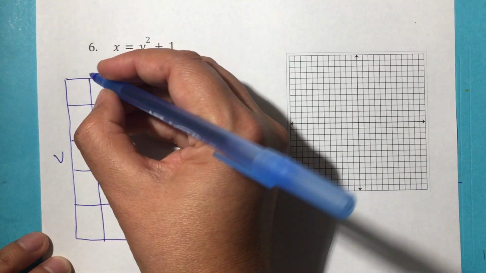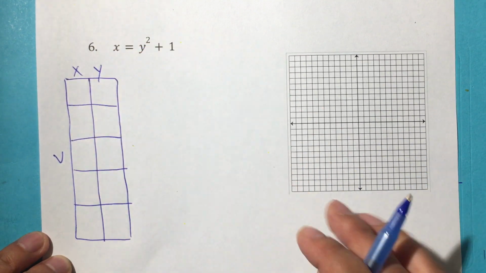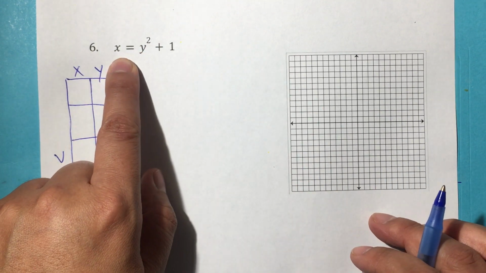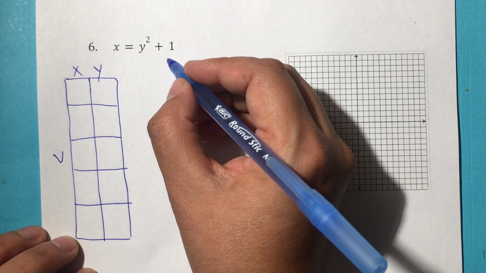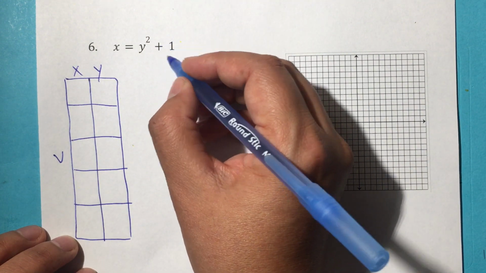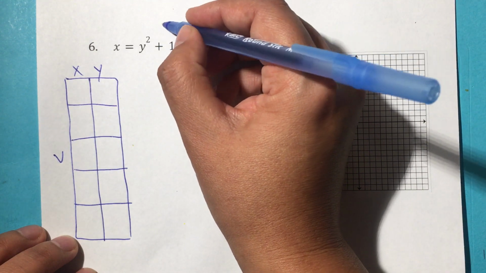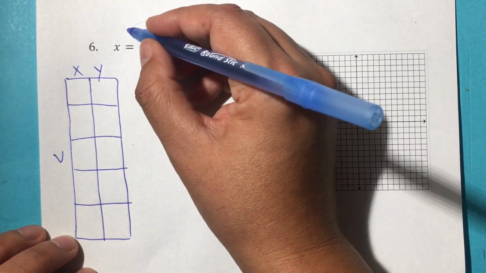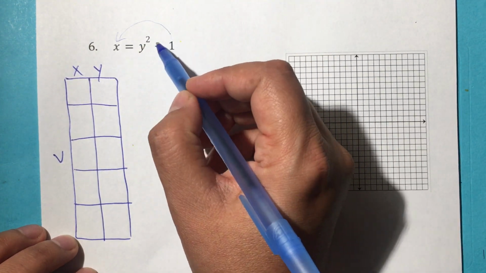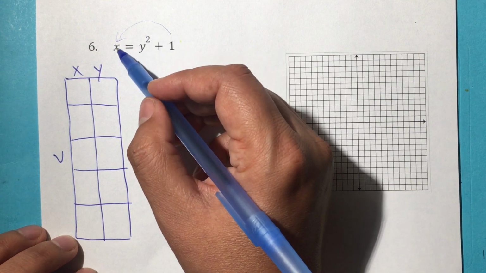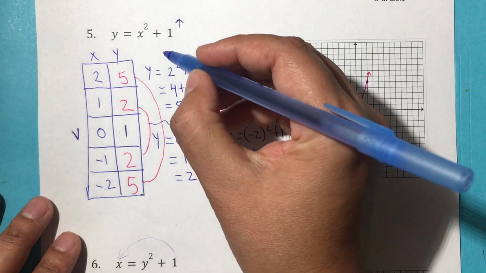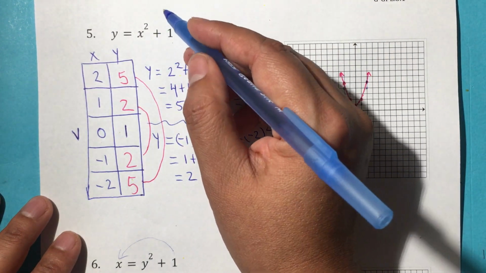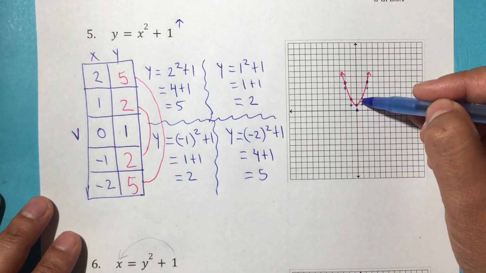The vertex will be in the middle. And again, because x is isolated, we'll give the values to y. And so in here, we're adding 1, but again, this goes with x. Why? Because the constant always goes with the isolated variable. On the top, the +1 was in relation to y, so that's why it went up.